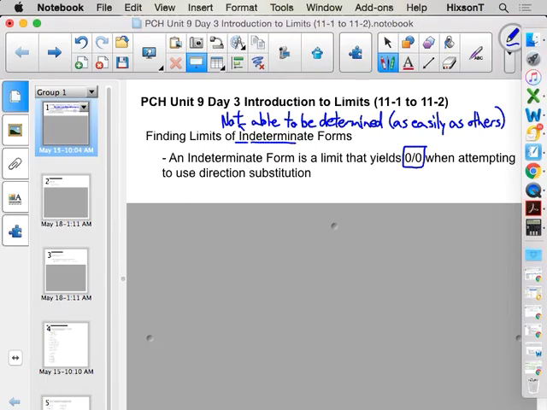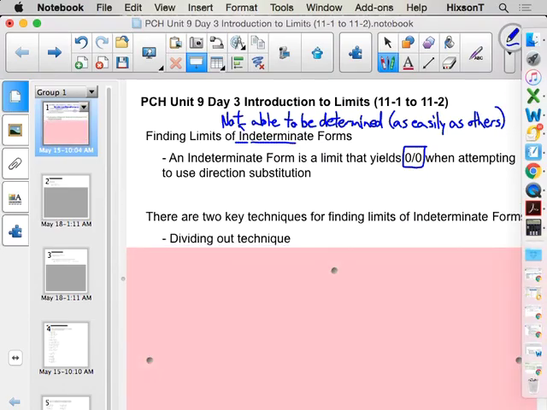Okay? However, the process that we're actually going to look at is a process in two different methods where we can identify the holes. Okay? So these are going to be cases where we actually are approaching a value, it's just not defined at that value. Okay? Which is what we defined earlier as a hole. So there's two strategies that we can use for this.